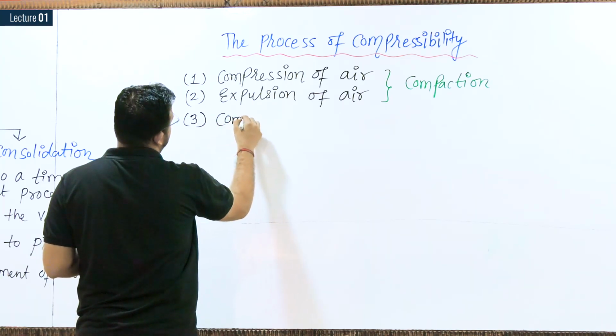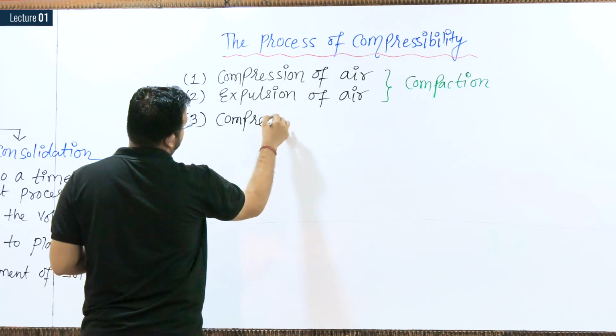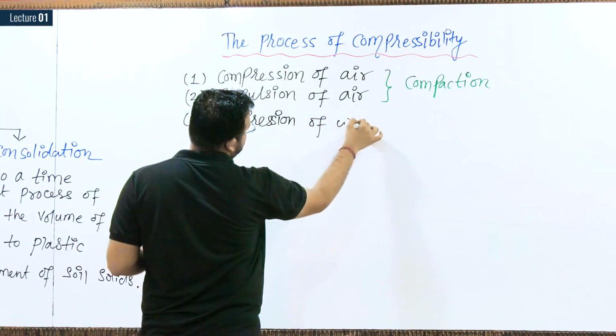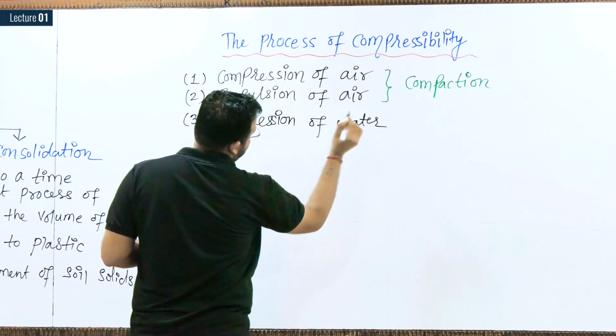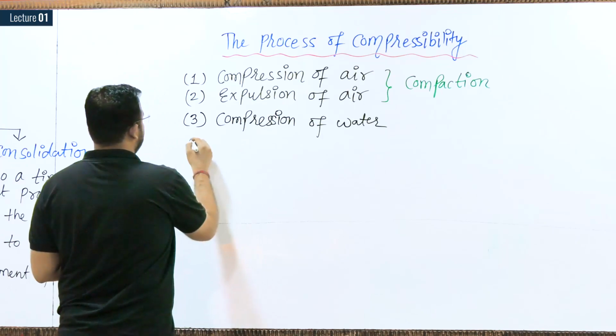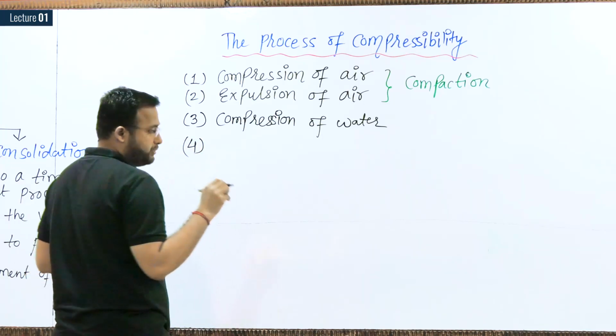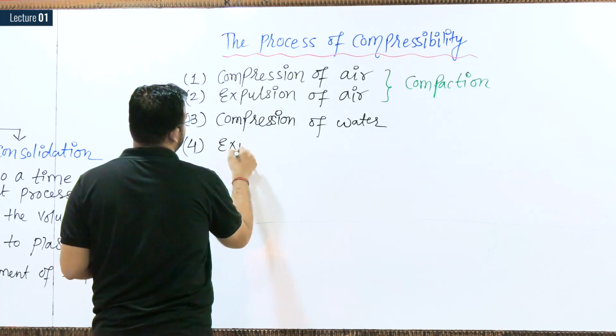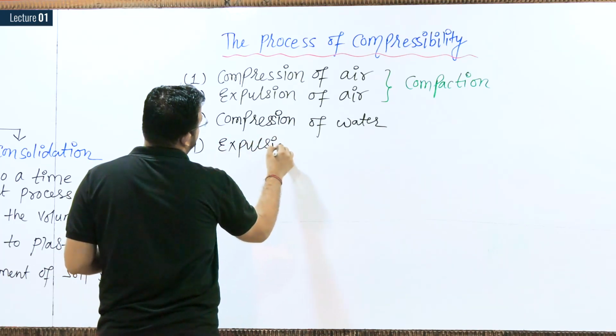So I will write compression of water will happen. Under the loading, compression of water will happen, and once the water is compressed, it will be removed. So I can write expulsion of water.